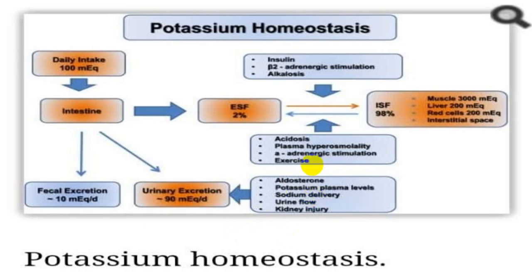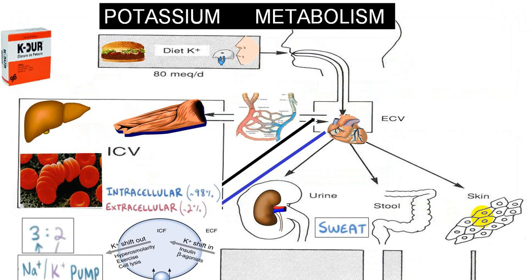So primary hyperaldosteronism as well as secondary hyperaldosteronism, or a person who is on a large dose of loop diuretics, where you will have hyponatremia with hypokalemia, etc. Those conditions will produce loss of potassium.